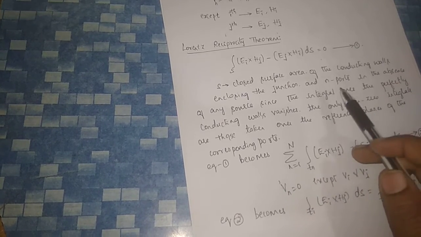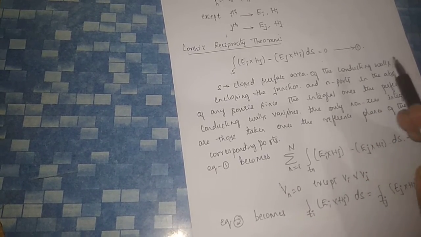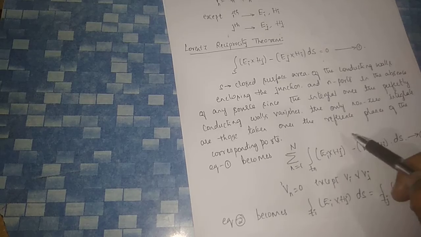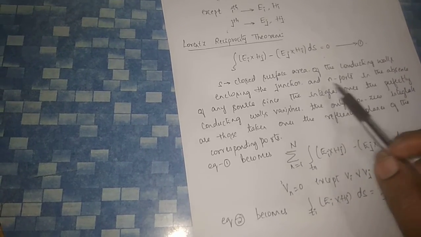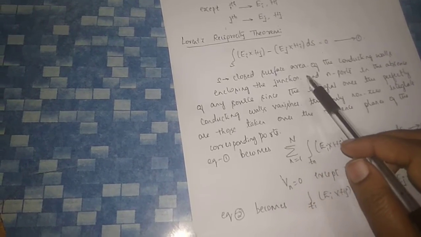Where this comes from, the Lorentz reciprocity theorem is used when you are considering a volume containing two sets of sources, say your i and j ports, which produce the electric and magnetic fields. There you can use this Lorentz reciprocity theorem.